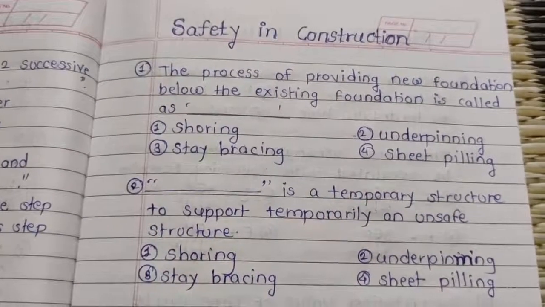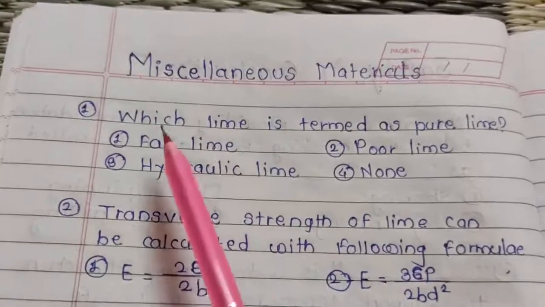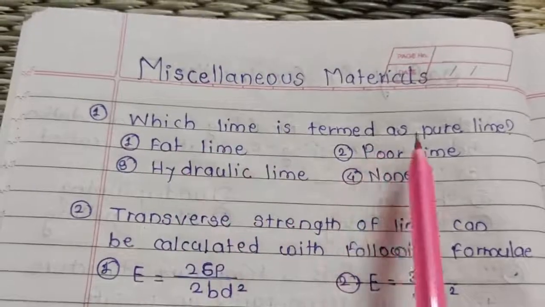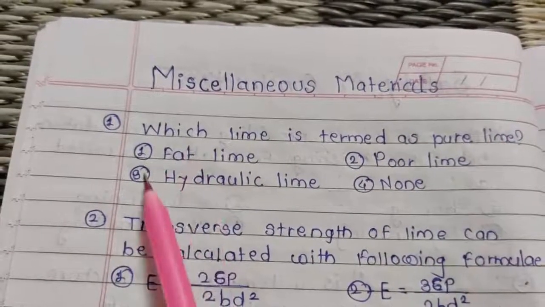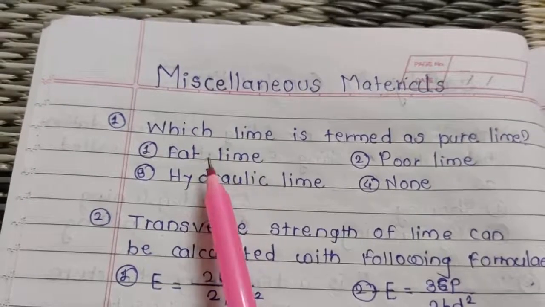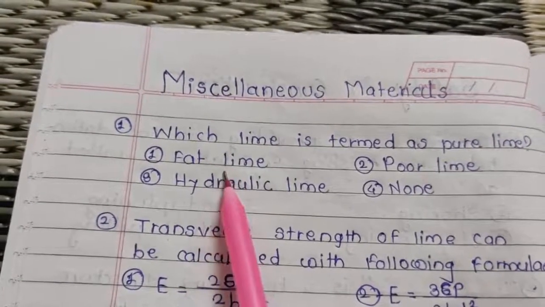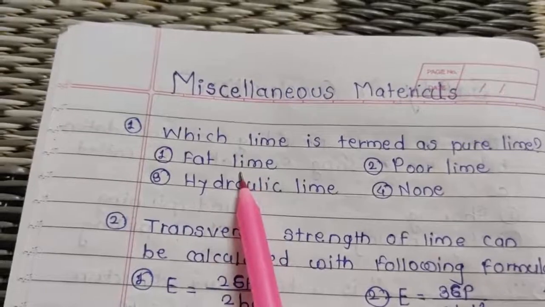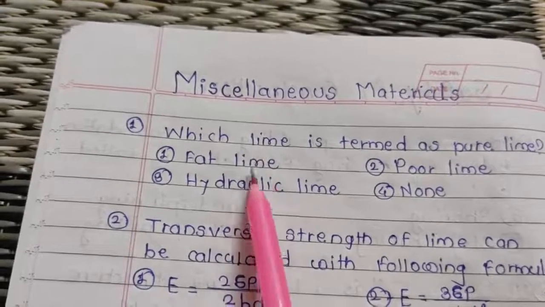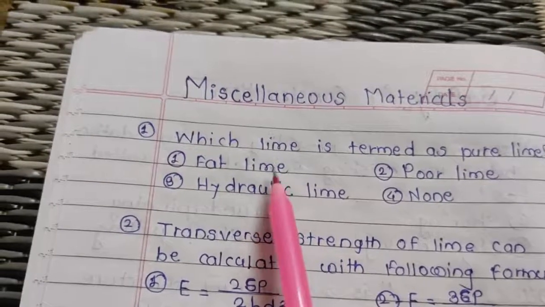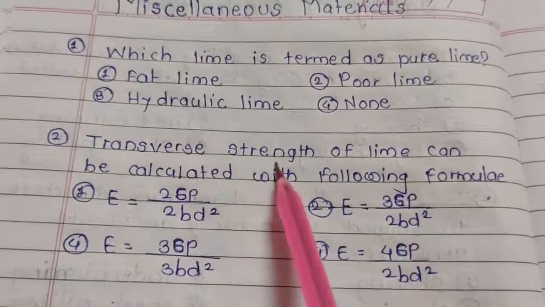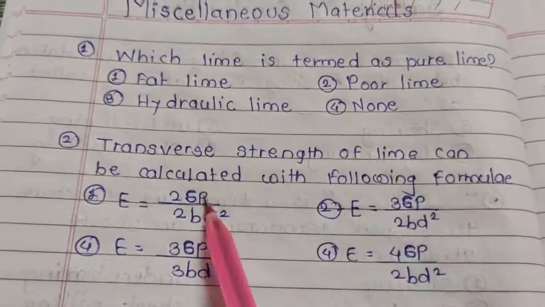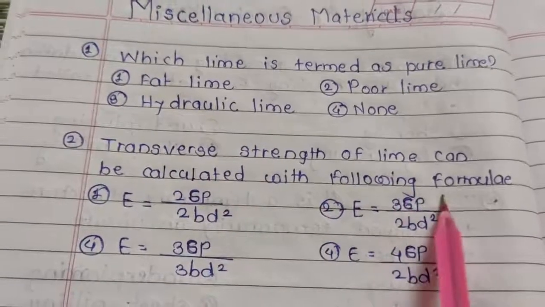Shoring. Now, which lime is termed as pure lime? Answer is fat lime. Fat lime is also called as pure lime, rich lime, or white lime, or high calcium lime. Transverse strength of a lime can be calculated with the following formula.